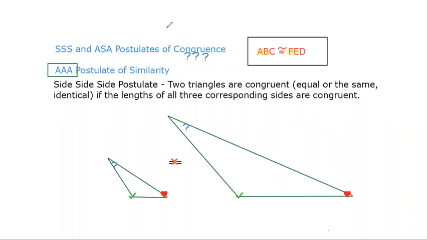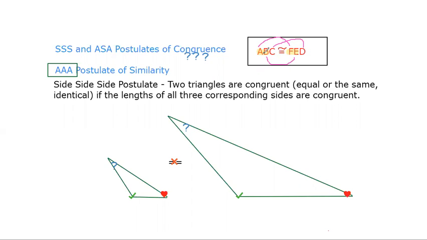I know angle A is congruent to angle F. I know angle B is congruent to angle E. And I know angle C is congruent to angle D. Because of the congruency statement given, because they put those vertices in that order.